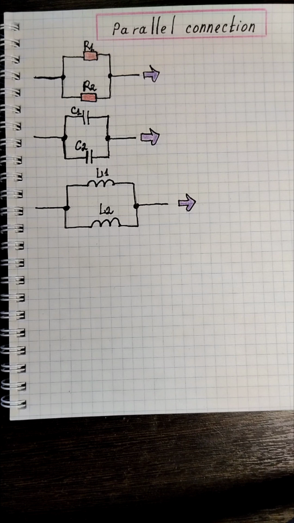As a consequence of this, the first Kirchhoff rule, which says that as much current flows into the node, so much current flows out of the node.